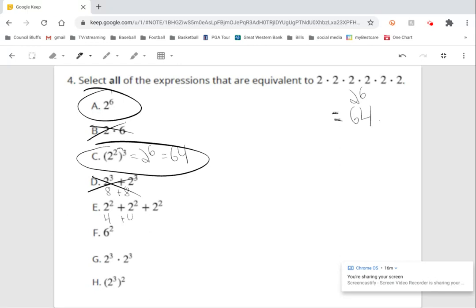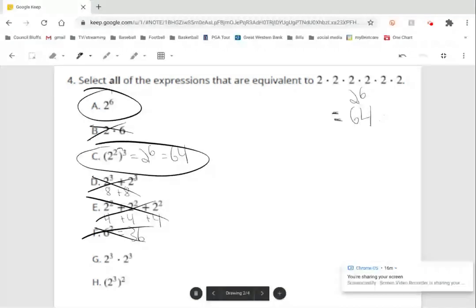So this is really 4 plus 4 plus 4. Is 4 plus 4 plus 4 equal to 64? Nope. F, 6 squared. 6 squared is 6 times 6, that's equal to 36, not 64. So that's out.